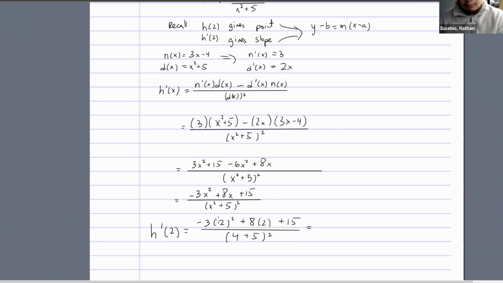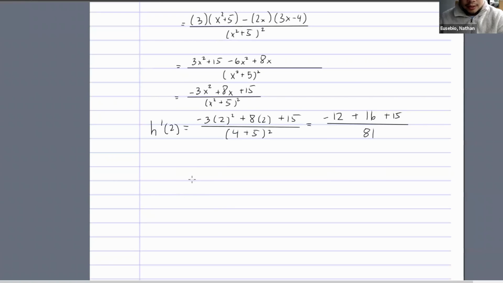So negative 3 times 4 is negative 12, plus 16, plus 15, all over 4 plus 5 is 9. 9 squared is 81. It's not going to give you a clean answer. It's basically just 19 over 81.